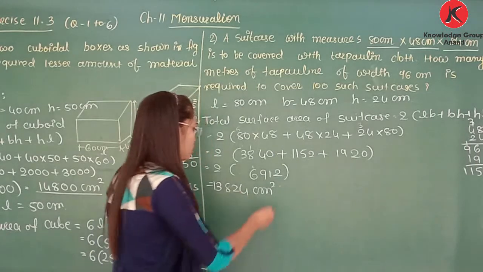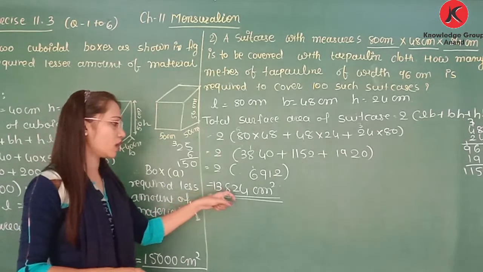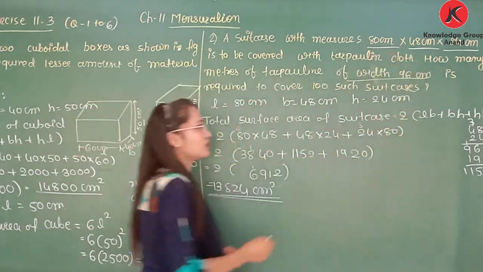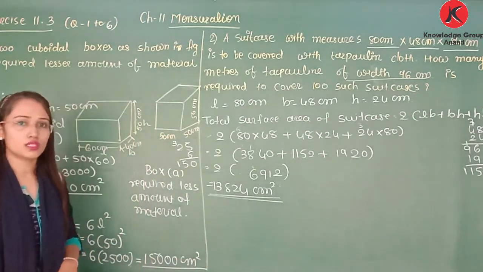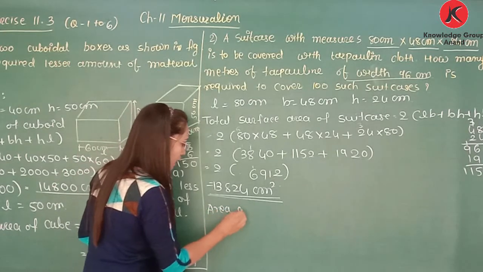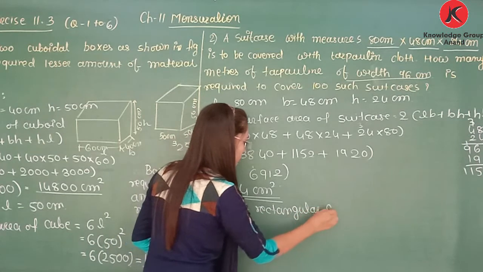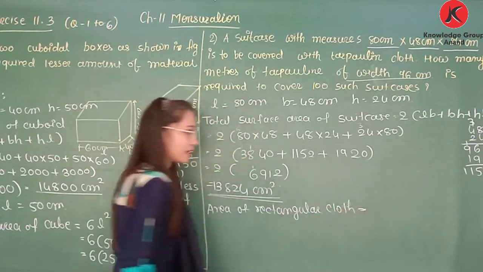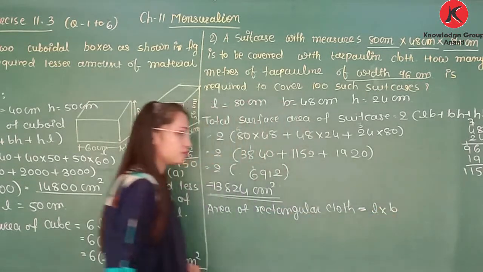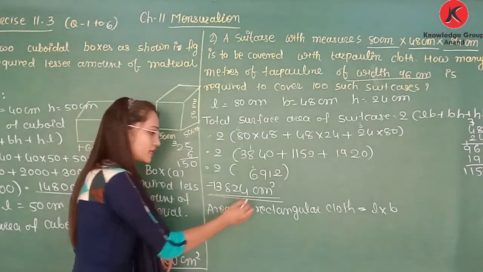It means we need to have a cloth which has area 13,824. Now the cloth width is given, 96. We know that cloth is a rectangle, so we can write area of rectangular cloth. What is the equation for the area of a rectangle? That is length multiplied by breadth, or you can say length multiplied by width. But here, how much area do we require? That is 13,824.